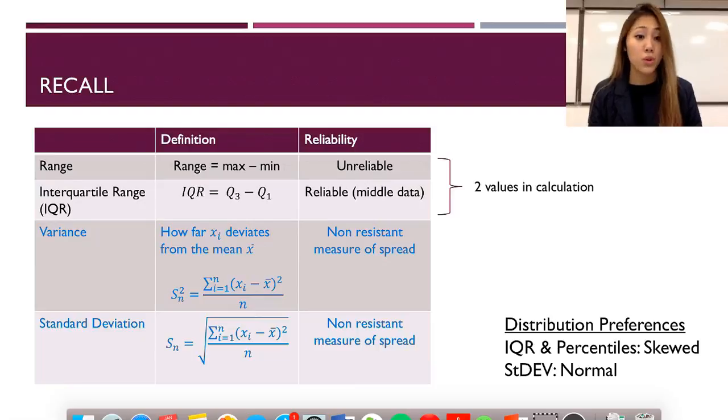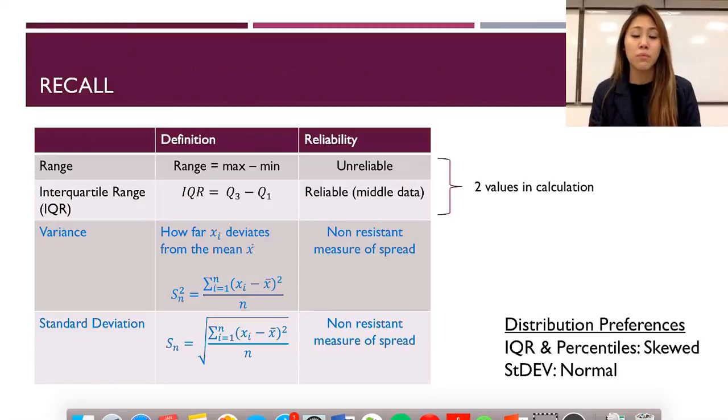That's also, as you may know, because that way it's symmetrical. And since it's a non-resistant measure of spread, it would be affected if the data set were skewed.